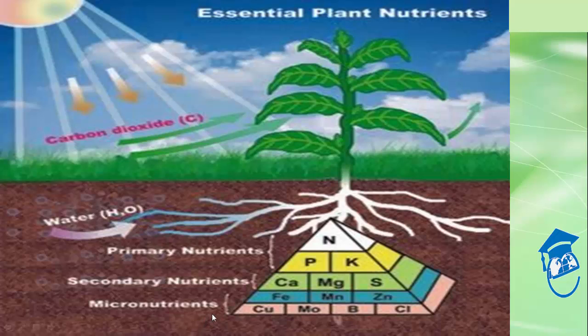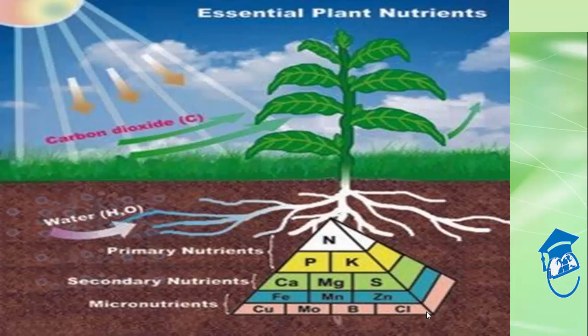Now what are micronutrients, students? Iron, Mn, manganese, zinc, Zn, Cu, that is copper, molybdenum, that is Mo, B represents boron and chlorine is represented by Cl. So these are the micronutrients.